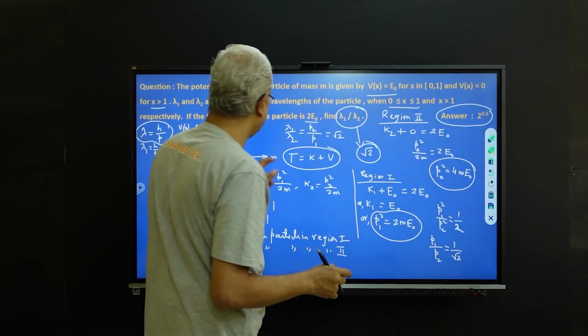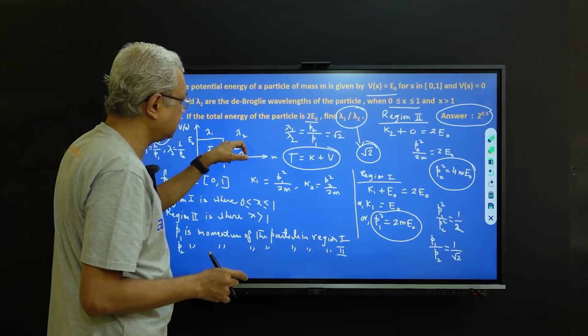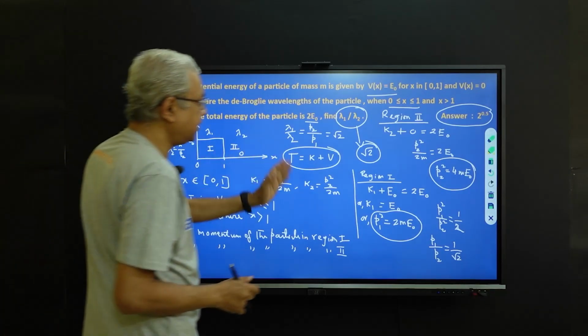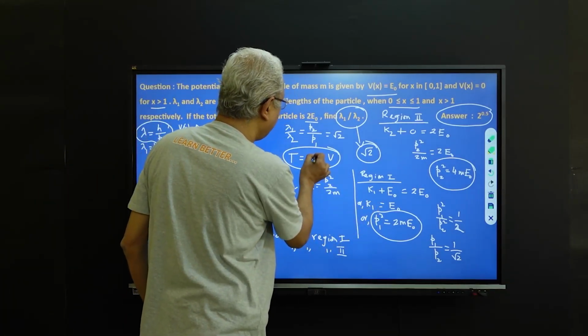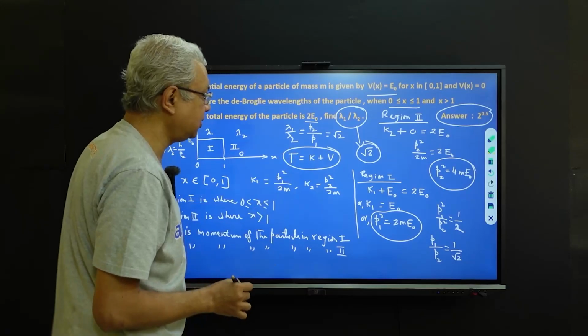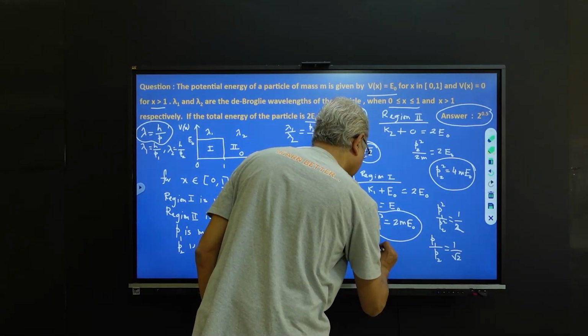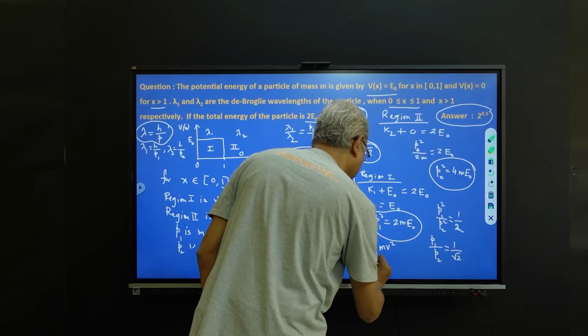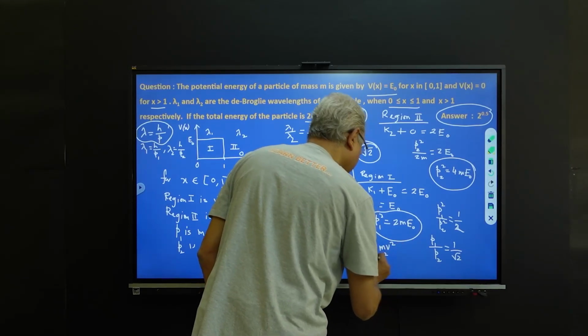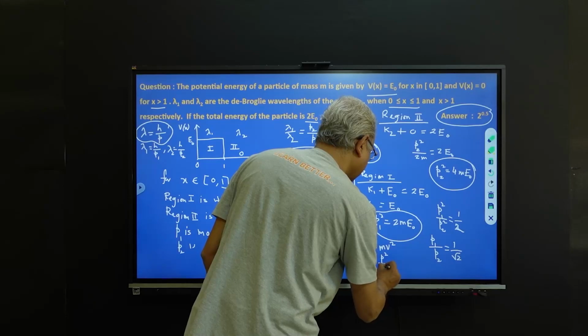In region 2, the potential energy of the particle is 0. And the kinetic energy K1 of the particle in region 1 is half m v square, equal to P square by 2m.